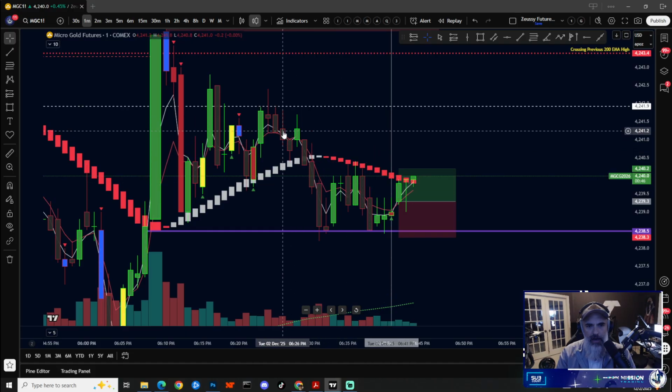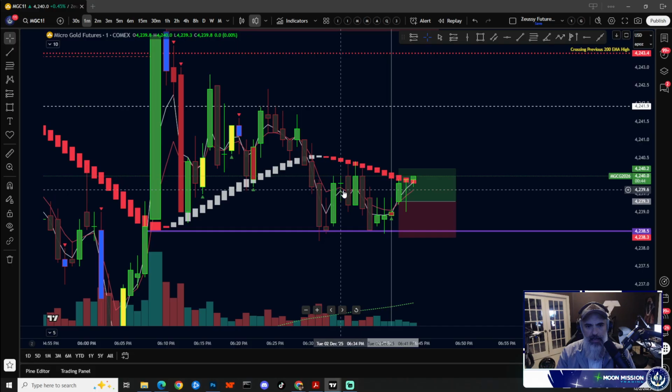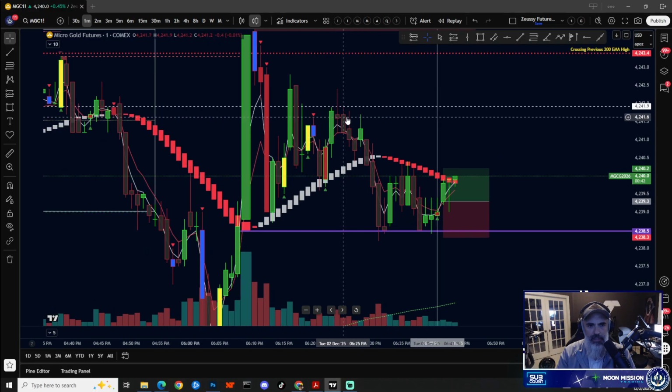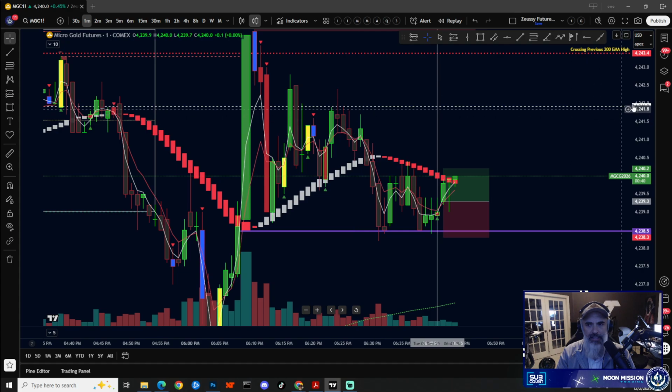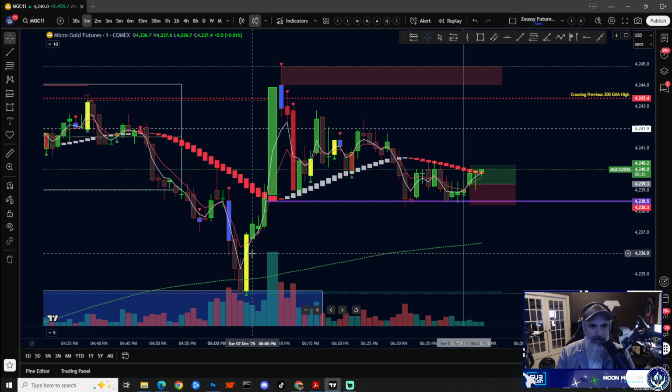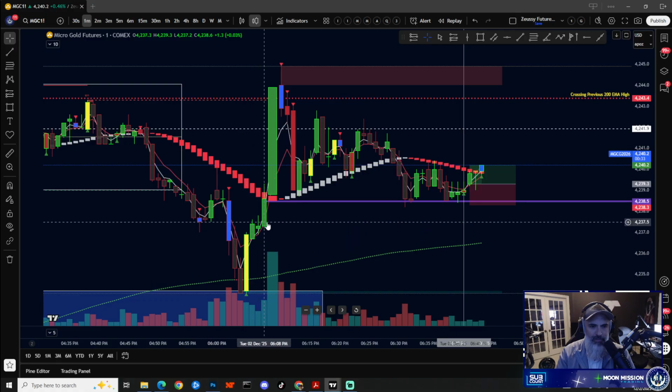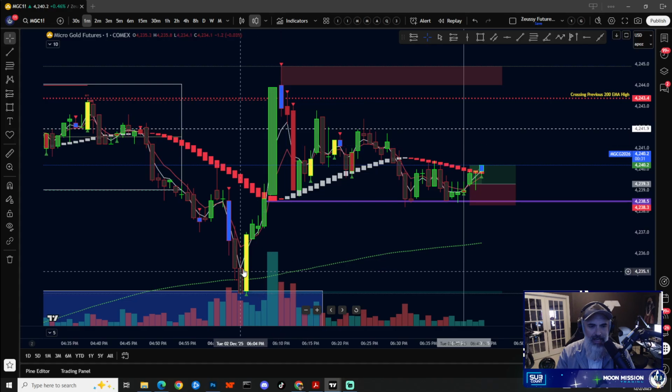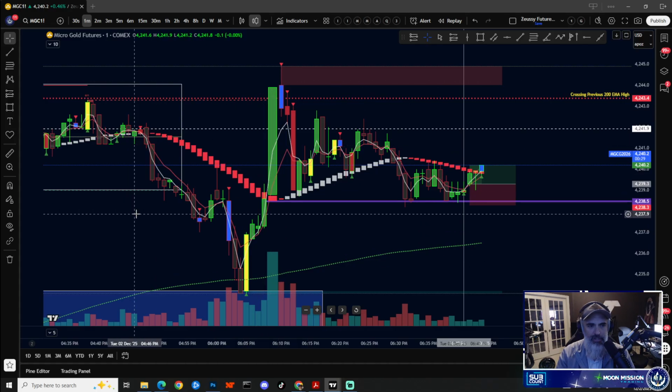Right now you can see with this red line above, we are in this downtrend. What you want to look for is the last significant uptrend. That would be probably this one, although I would say this isn't a great example because this was just a big volume surge to sweep liquidity.